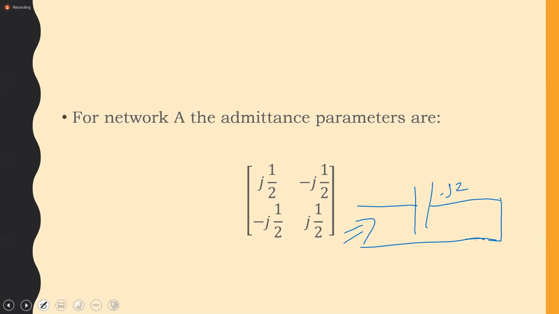What's the impedance? Minus J2? Okay, what's the reciprocal? One over that. All right? Okay, sir.